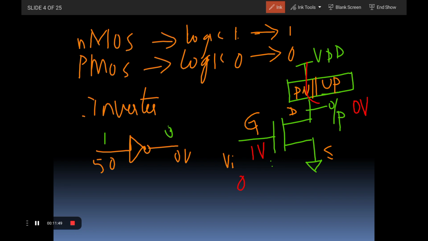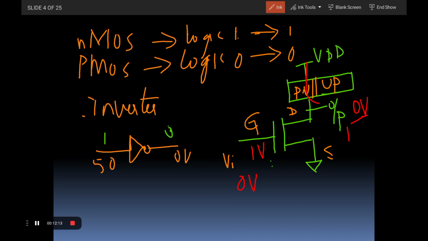Suppose you take the reverse consideration, with 0 volts. For 0 voltage, obviously the nMOS transistor is going to be off. Therefore, the complete value can be represented at the output side. That's why it is called logic 1.